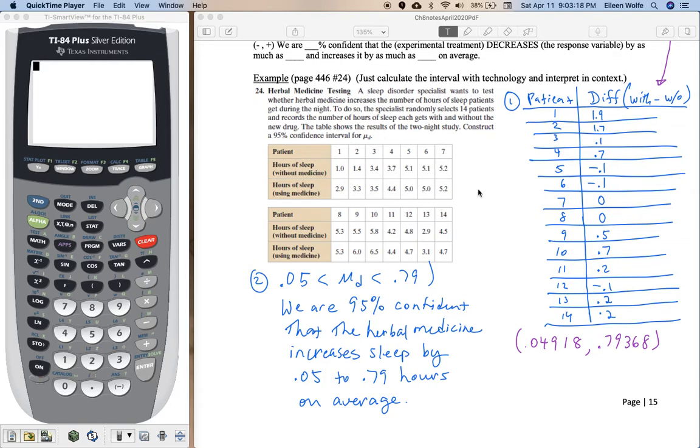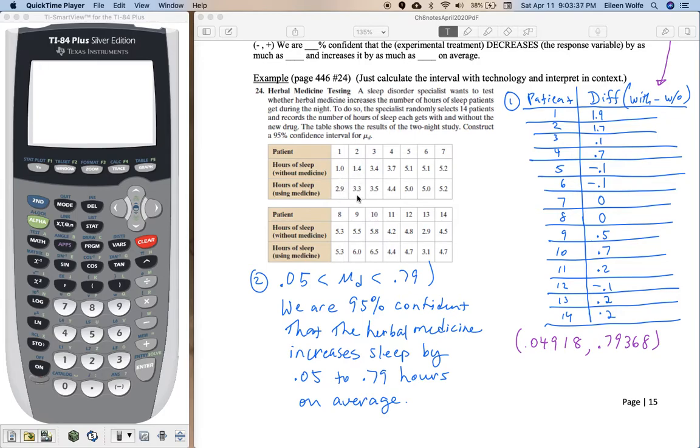This is one table and then a continuation. It's not meant to be two separate tables. So these 14 patients need the matched pairs difference calculated out. So patient number 1, if we do with the medicine minus without the medicine, 2.9 minus 1, that's a 1.9 difference.